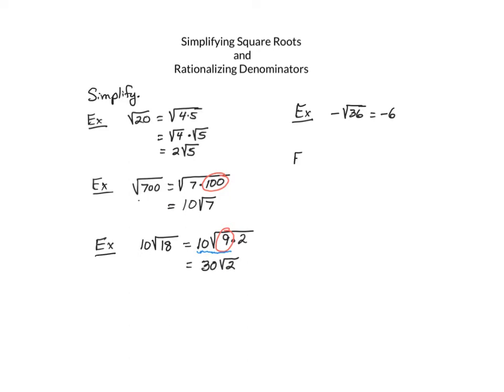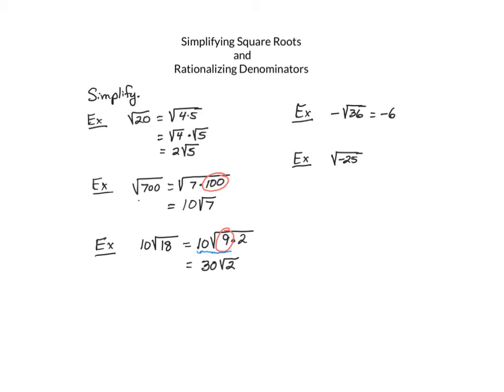But let's look at this next one. It's the square root of negative 25. Remember that we can't square a real number and get a negative value. And that's why we're going to the non-real numbers. Do you remember this?